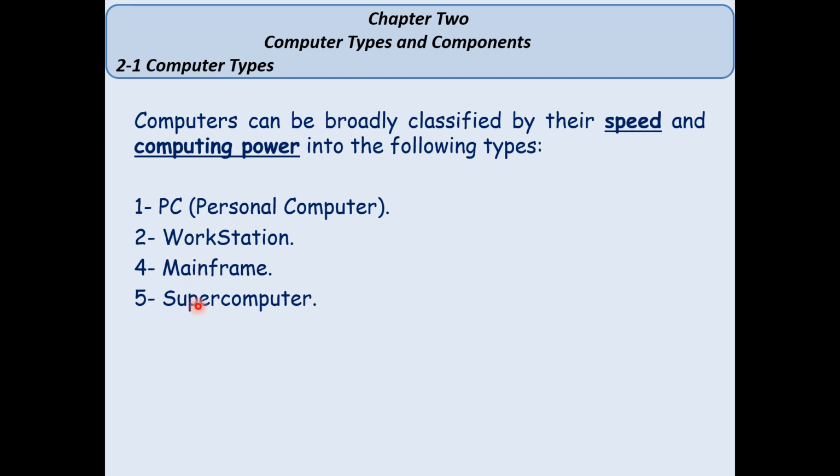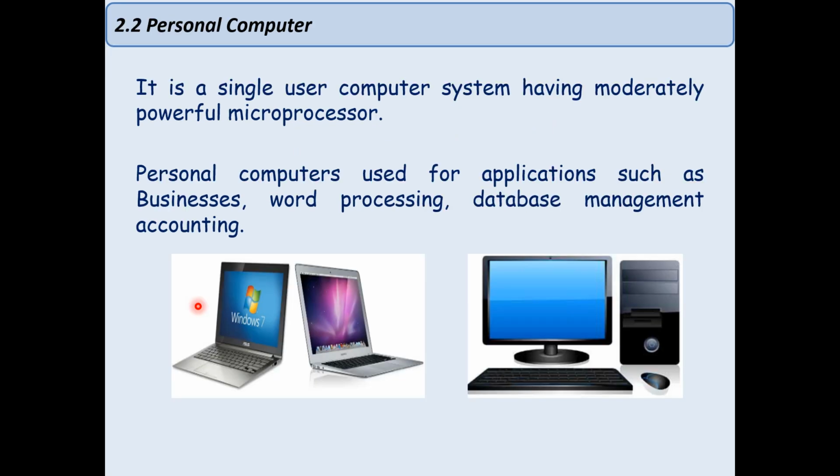Let's talk about each of them a bit more in detail, and let's see what the differences between them are. So as we said before, the personal computer is a single user computer.